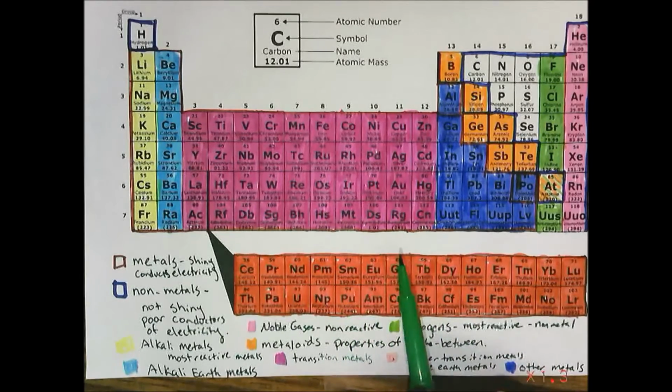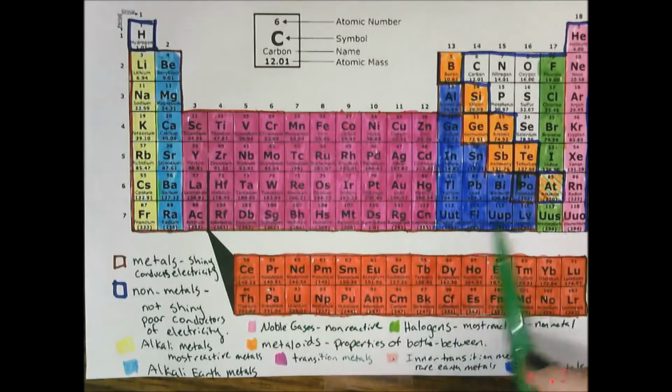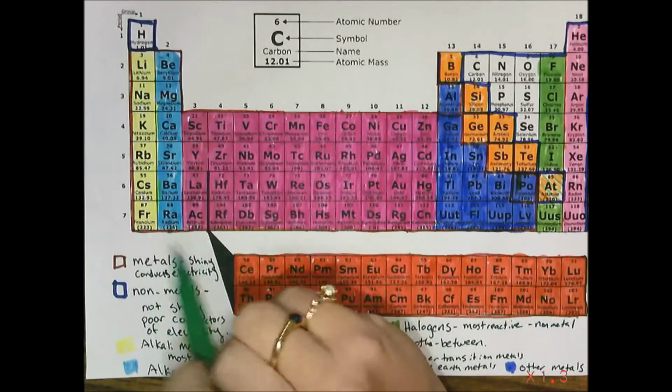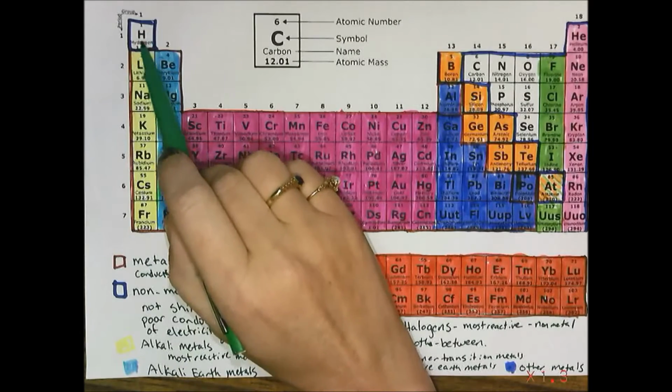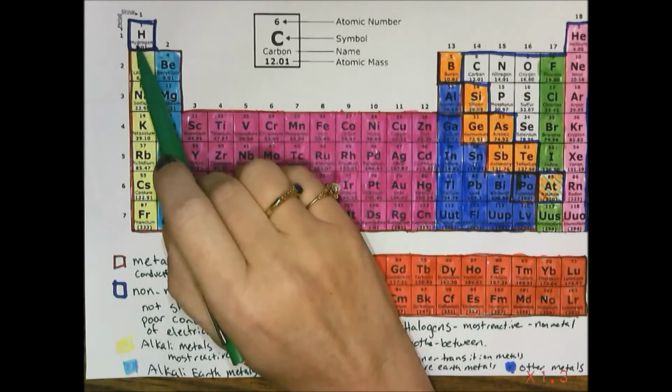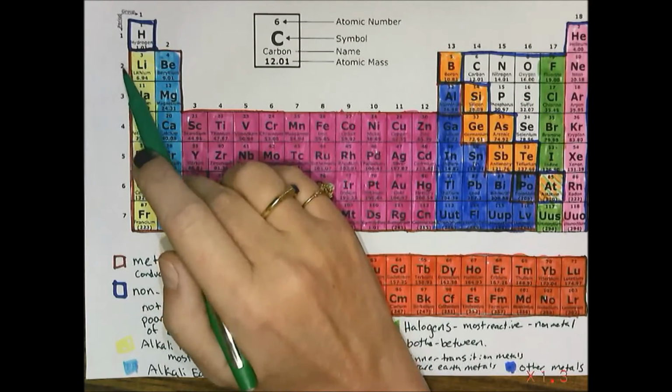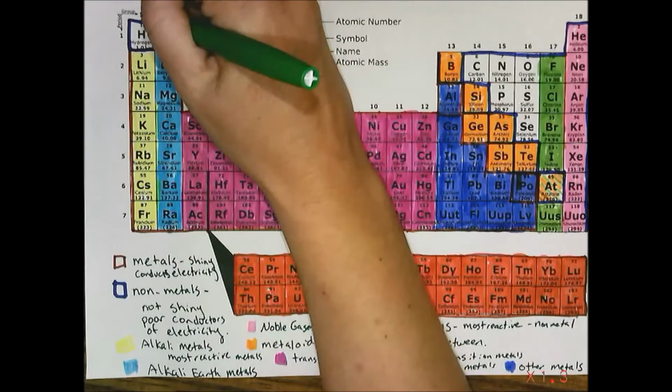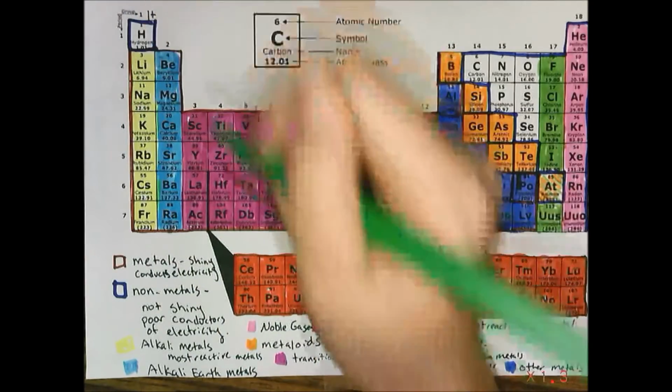Now we're going to add in charges. And we're going to try and think through it in terms of when we did ions, we knew that hydrogen had 1 electron, and therefore when it became an ion, it gave that electron away and it became a 1 positive charge.